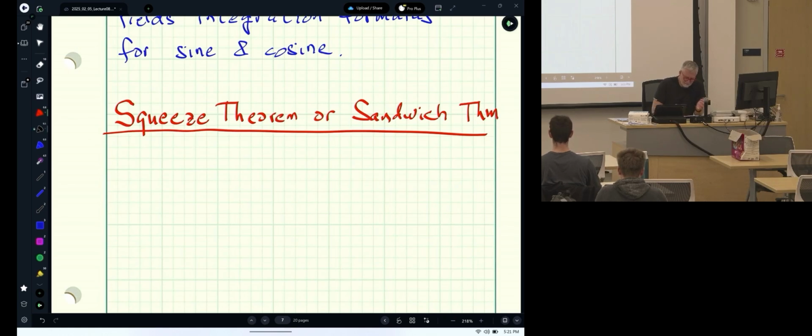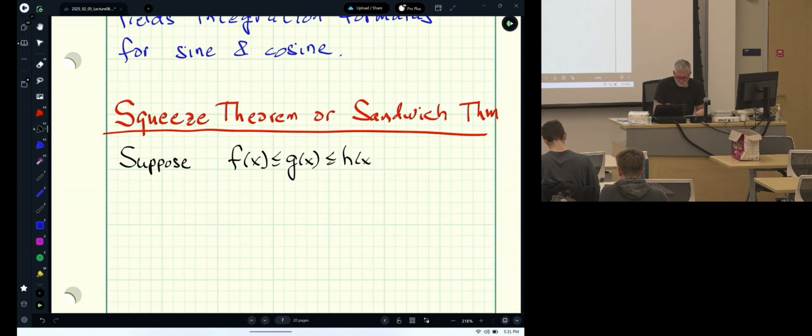And it's a pretty intuitive result. It says this: suppose you have three functions. One is less than or equal to the middle one, which is less than or equal to the upper one.